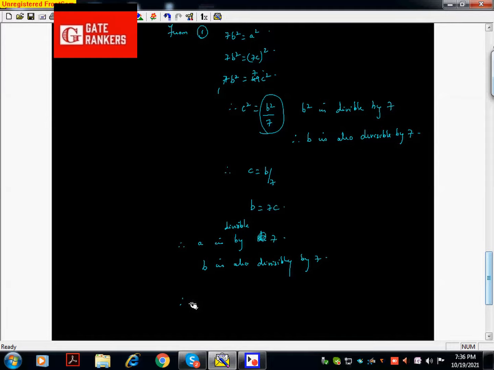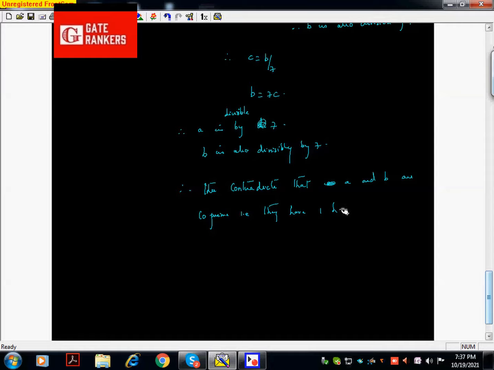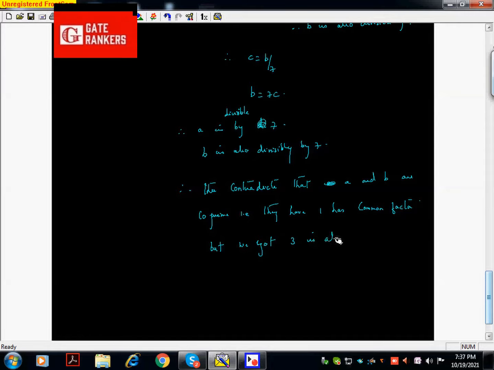Therefore this contradicts that a and b are co-primes. That is, they have 1 as the common factor. But we got 7 is also a common factor.